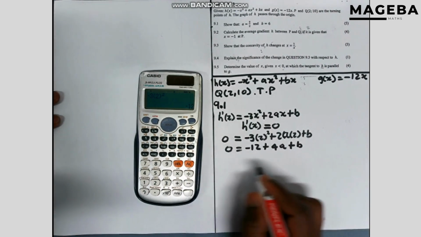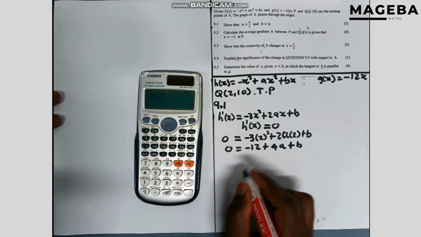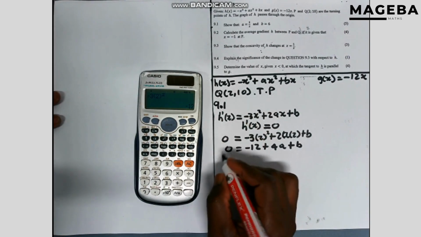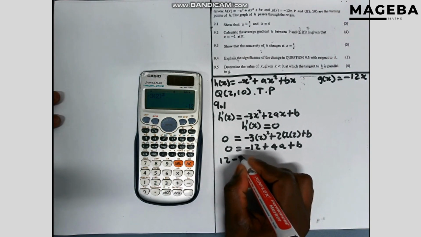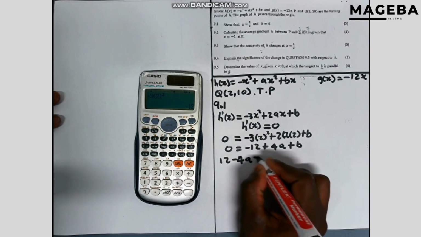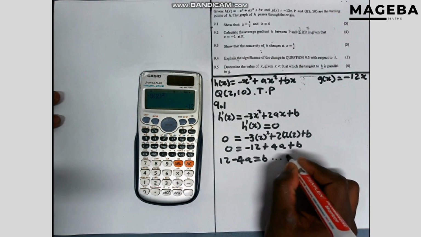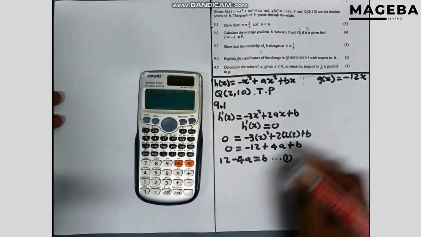This is 0. Then we make b the subject of the formula, take these two to the other side, so we're going to have 12 minus 4a is equal to b. Call this my equation number 1.